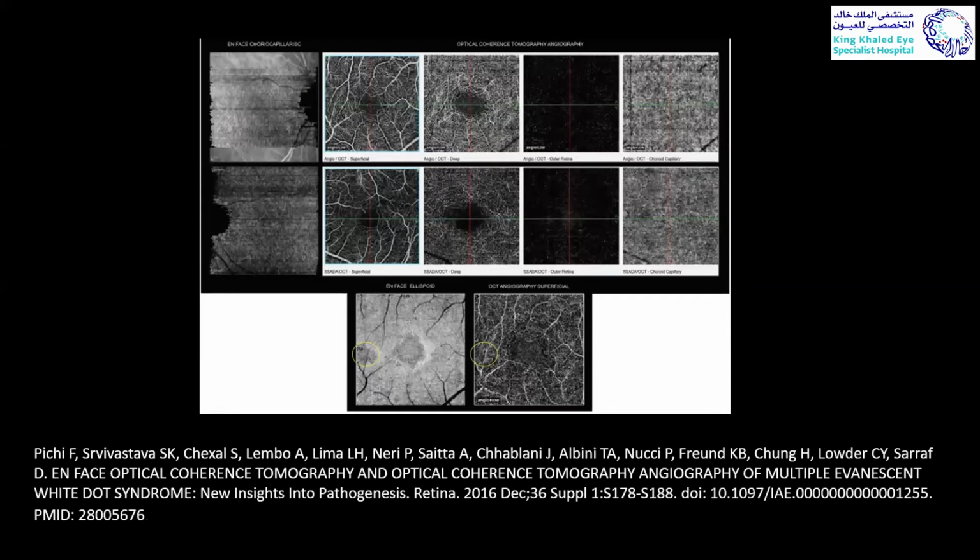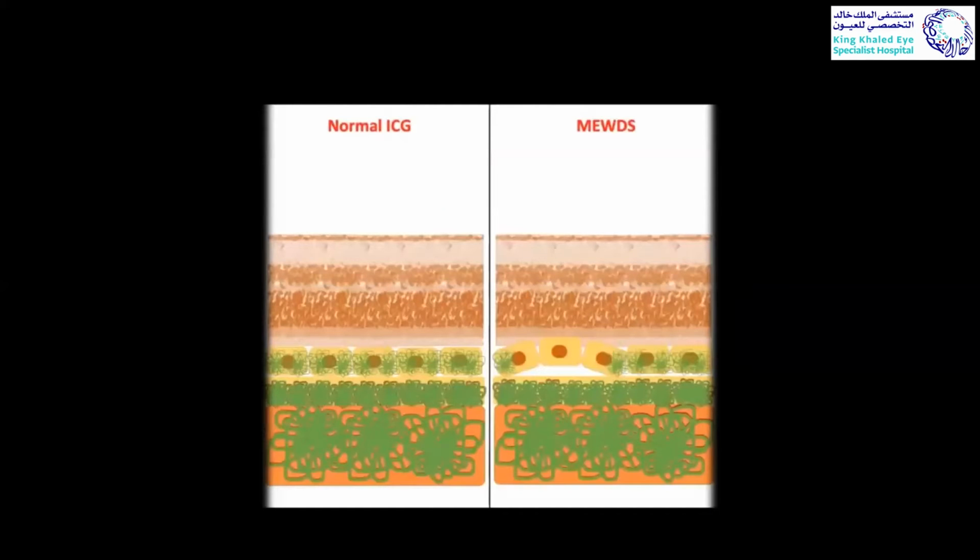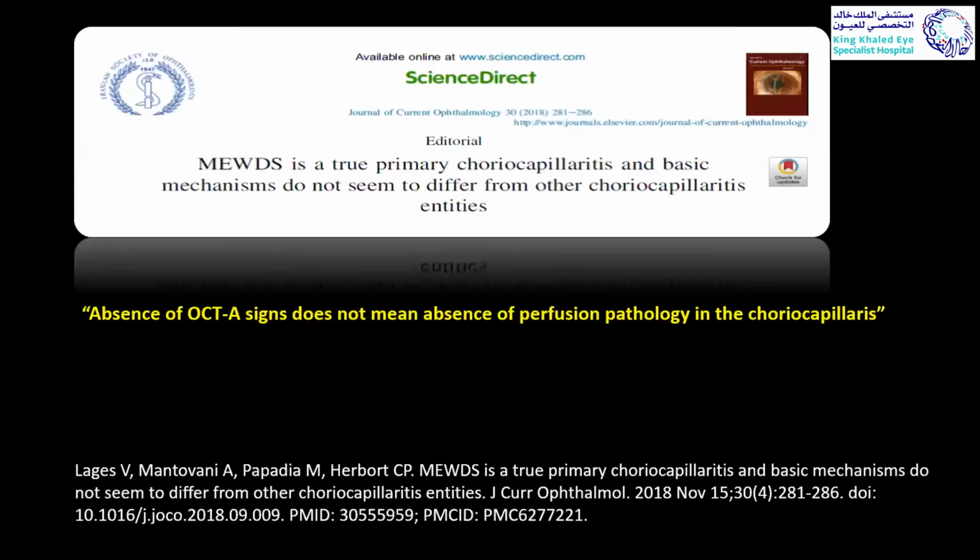So he hypothesized that the ICG findings occur because the area of the sick epithelium did not take up the ICG, as you can see on the right side, where the normal RPE usually takes up the ICG during the indocyanine angiography. So this area without ICG uptake usually shows hypofluorescence in the ICG, and that's why it shows hypofluorescence in all frames.